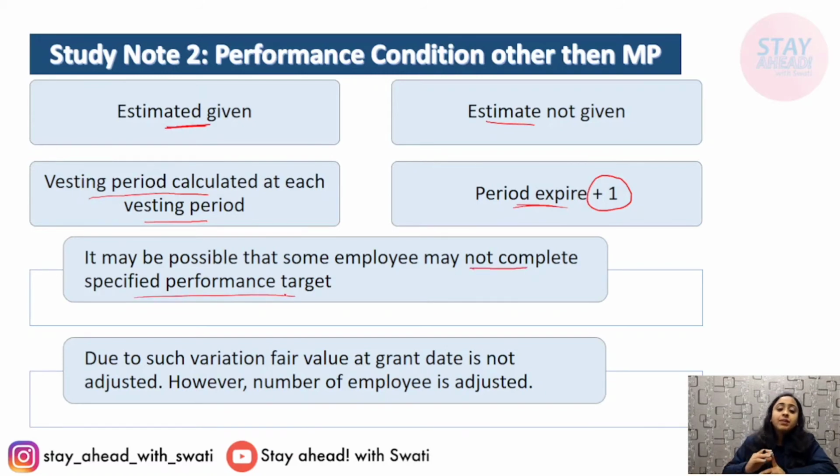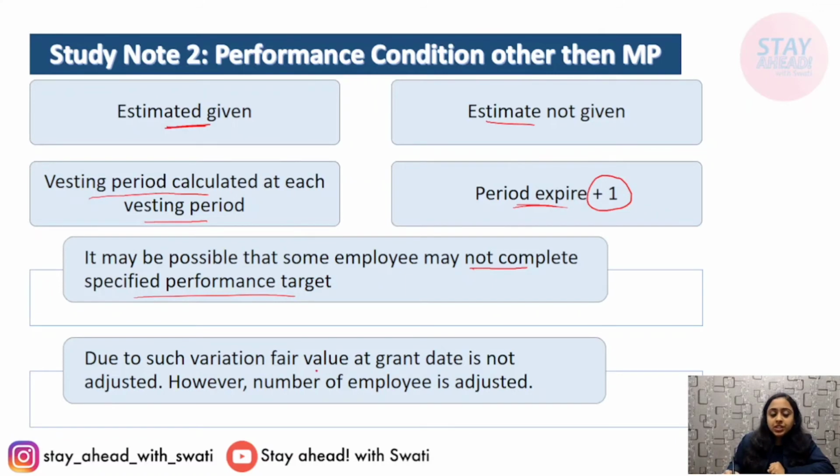It may happen that employees leave, or they do not exercise the option. You have to estimate that departure also. In that case, you do not revalue the fair value. Instead, you recalculate and adjust the number of employees.